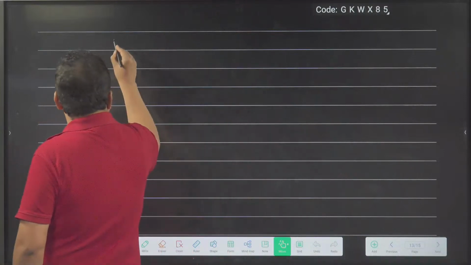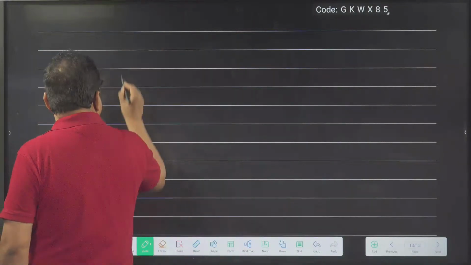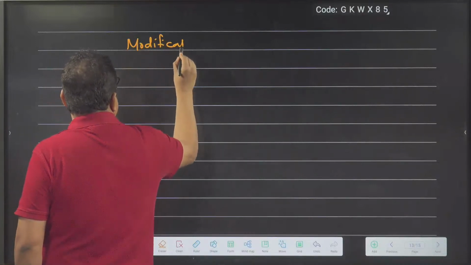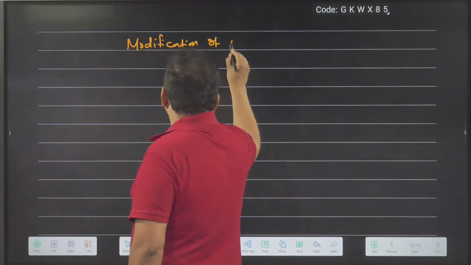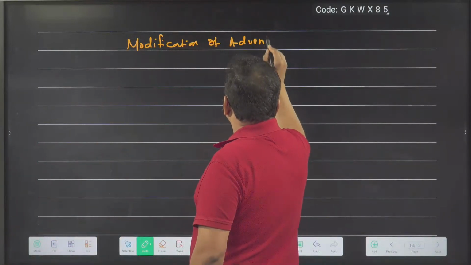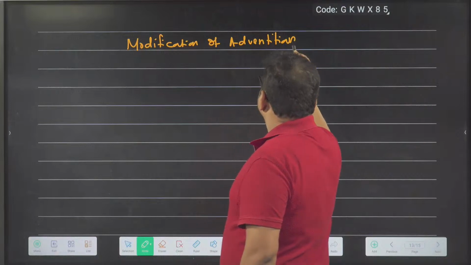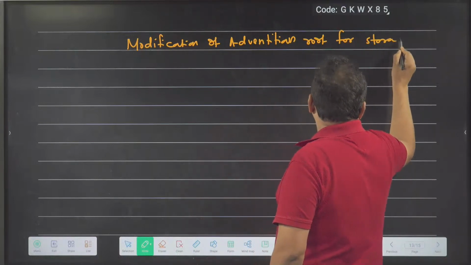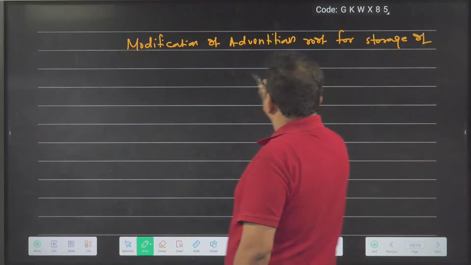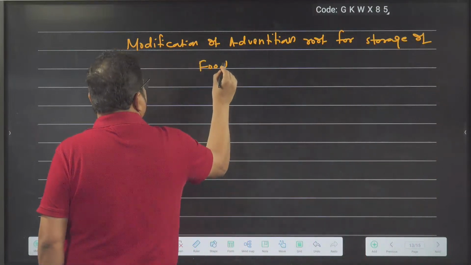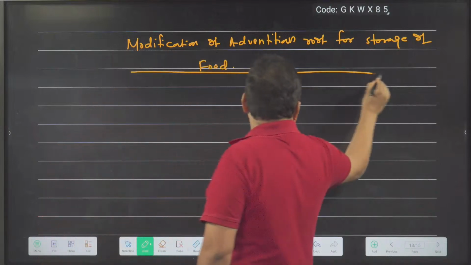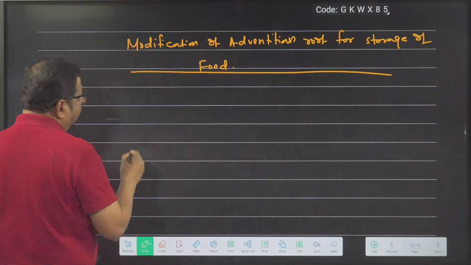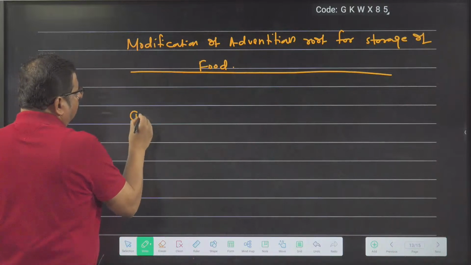The first example I am writing is sweet potato.